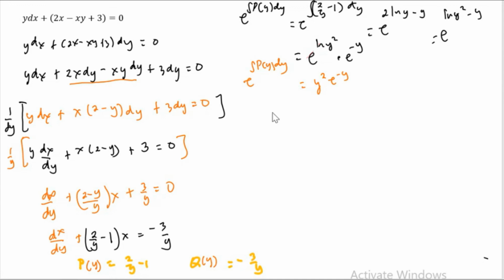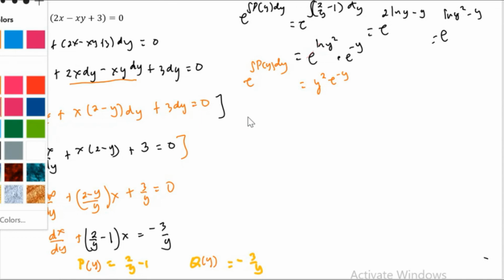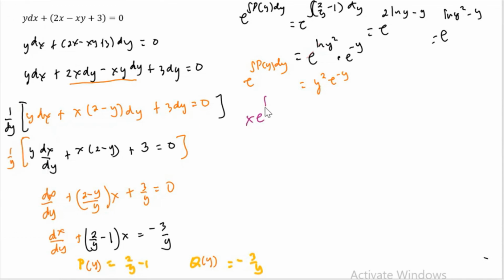Now we are going to substitute into the formula. Using the formula that is linear in x, we can write x times e raised to the integral of p of y dy is equal to the integral of q of y times e raised to the integral of p of y dy.